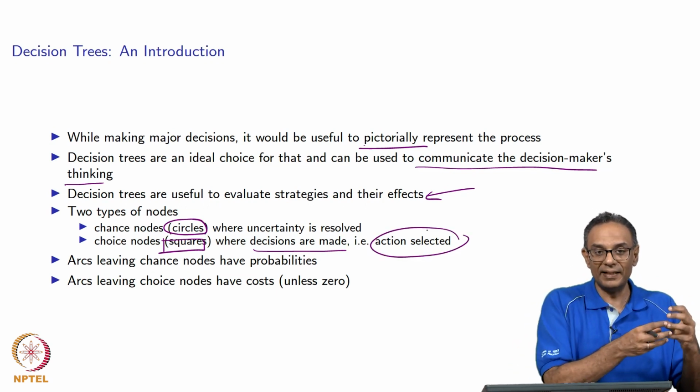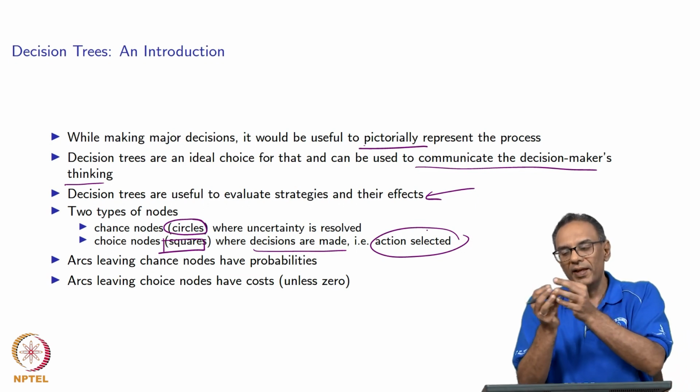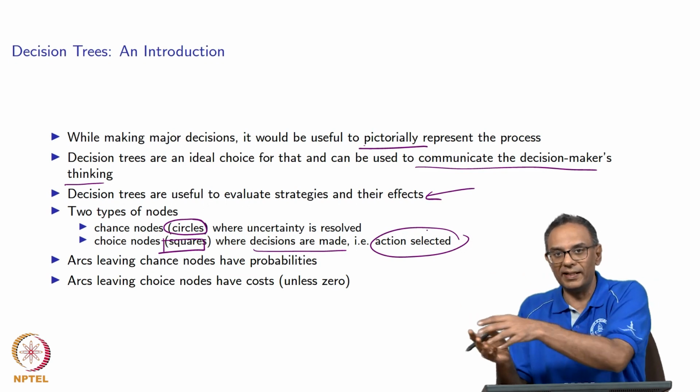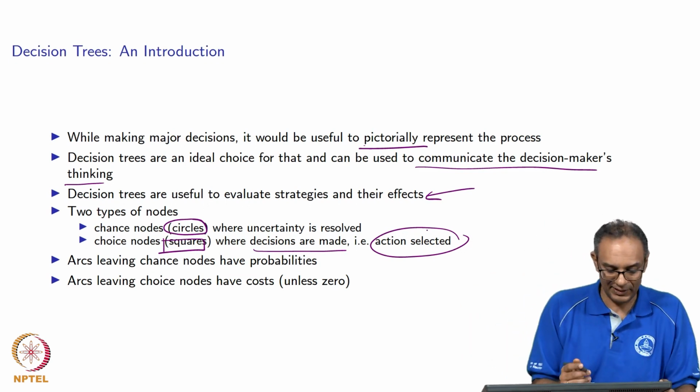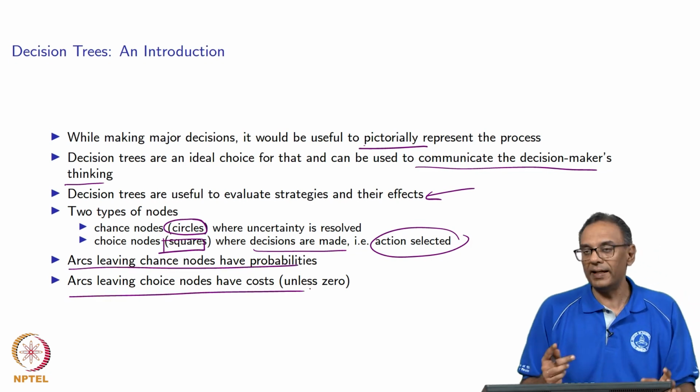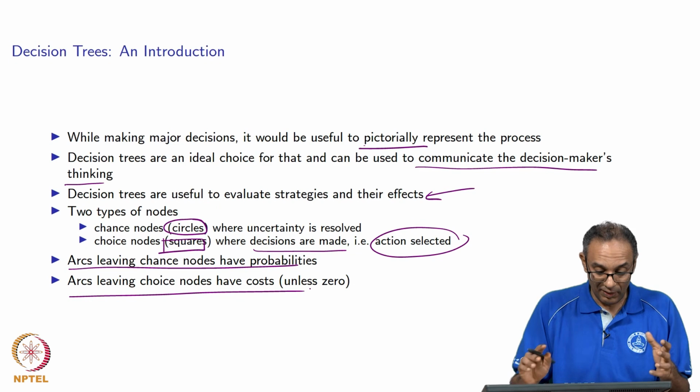So, what happens basically is you take an action and then you go to a particular state and then some random event occurs and then you go to the next state. So, it is kind of like a tree structure. We will see that in the next page. Now, there will be some things on the arc. Those of you that have never taken a class on networks, these words probably do not mean much.